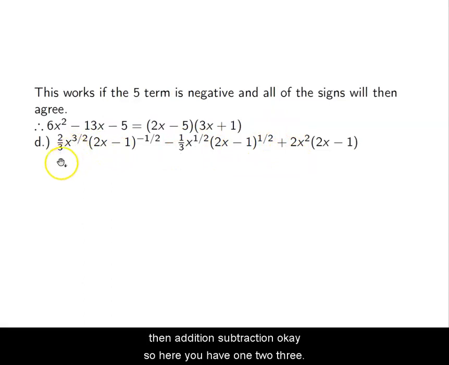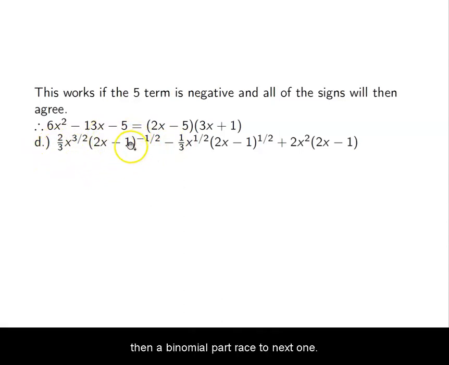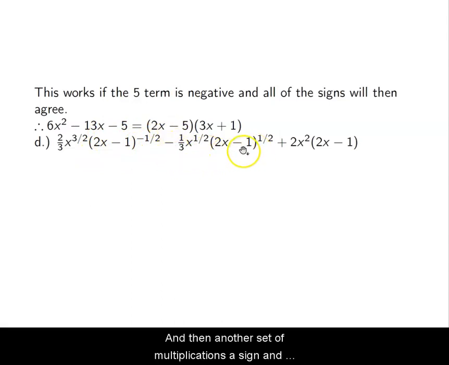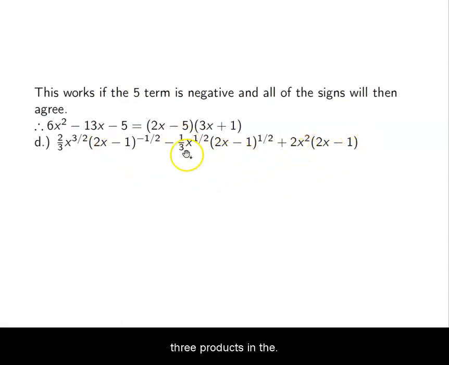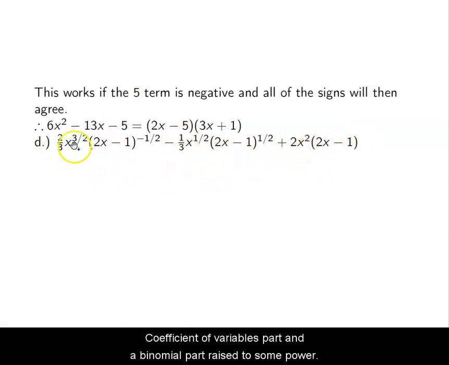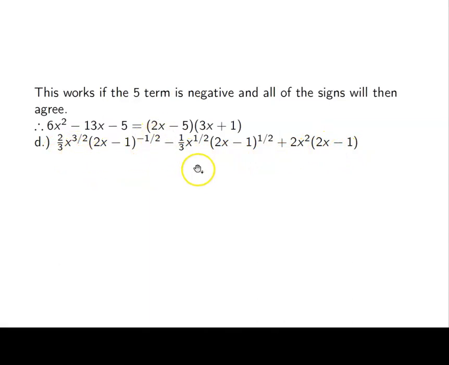Here we have 1, 2, 3 things being multiplied: a coefficient, a variable part, and then a binomial part raised to an exponent, separated by a sign, and then another set of multiplications, a sign, and another set of 3 multiplications. So there are 3 terms here, and each of these terms has 3 products in it: a coefficient, a variable part, and a binomial part raised to some power.